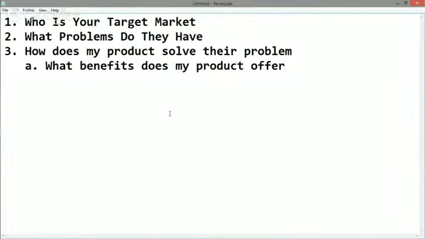And that's what you want to build your splash page around, so that you're providing the right message to the right people at the right time to solve their issue or their problem. So guys, this is very, very important. I can't stress this enough, you really need to know who it is that you're targeting with your lead capture pages in order to get the best value.